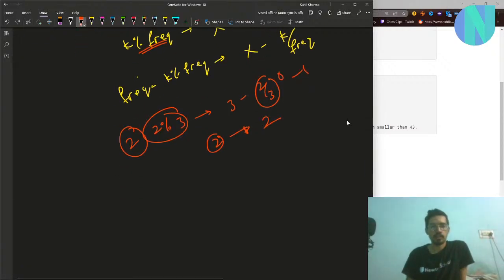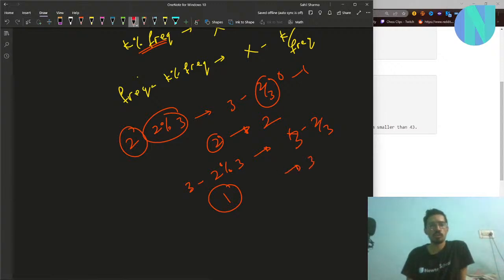And for frequency minus k mod frequency, you have 3 minus 2 mod 3, which is equal to 1. So you will be able to convert one element into x minus k by frequency, that is 3 minus 0, so 3 itself.